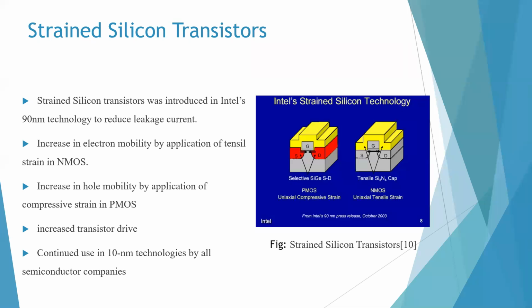Tensile strain in NMOS transistor channels was applied to increase electron mobility, and compressive strain in PMOS transistor channels was applied to increase hole mobility, and together they increase the transistor drive current without having to further scale the silicon dioxide gate thickness. This was adopted by all the semiconductor companies and is still in use in the 10 nanometer technologies.